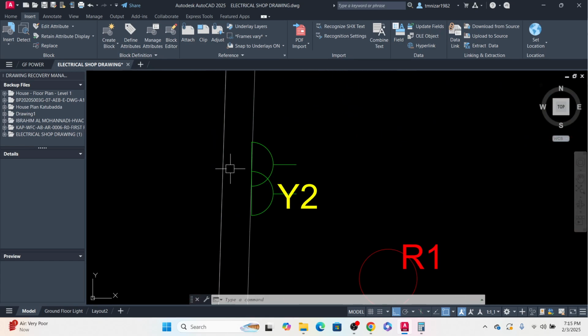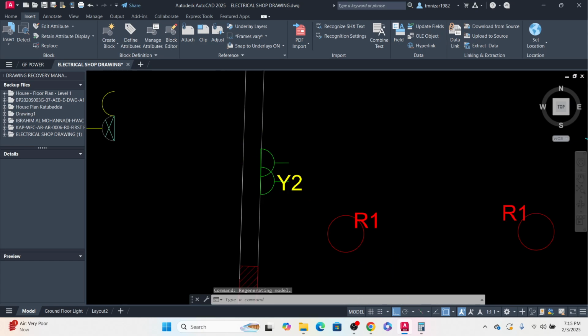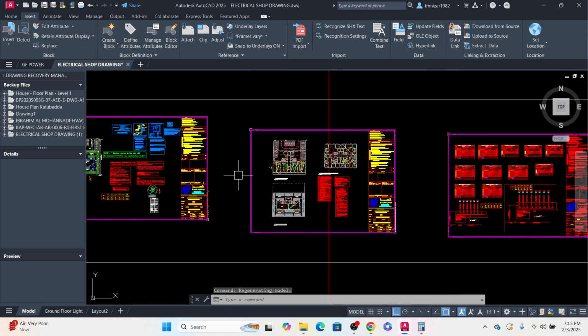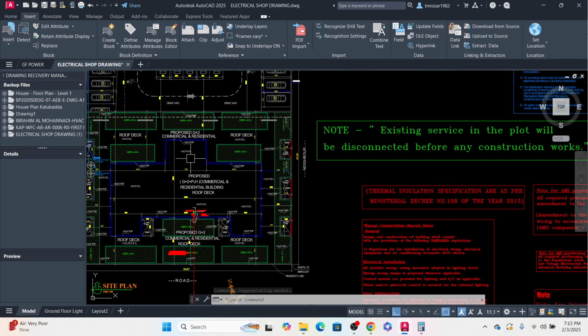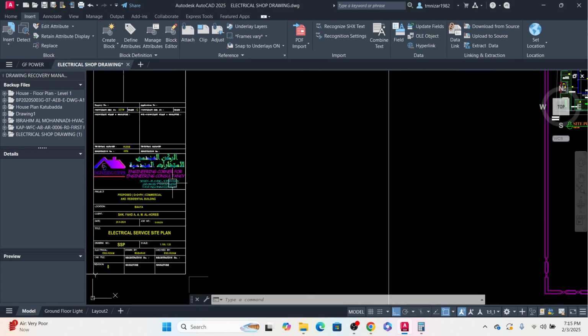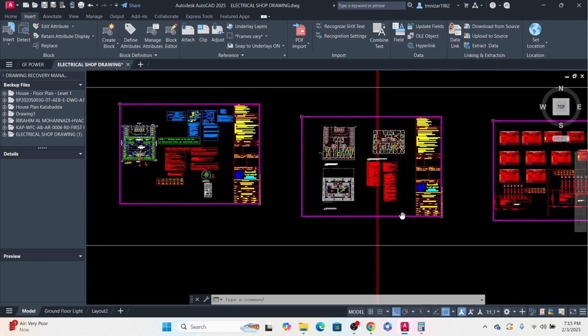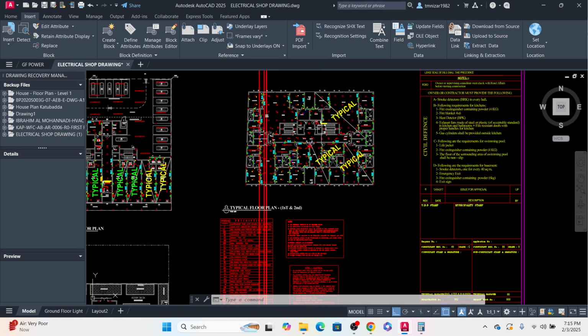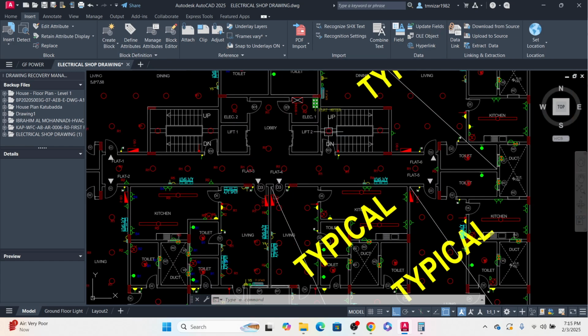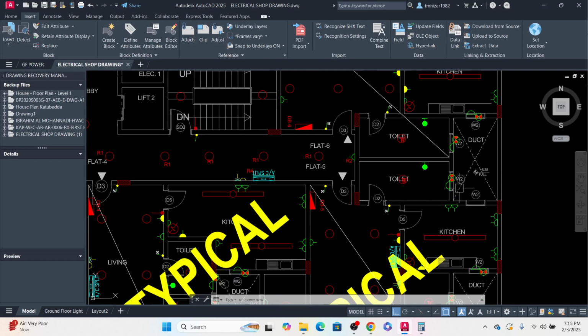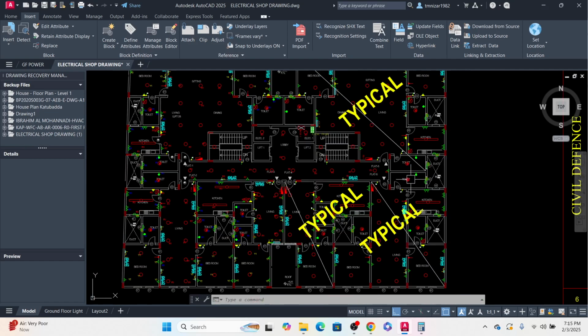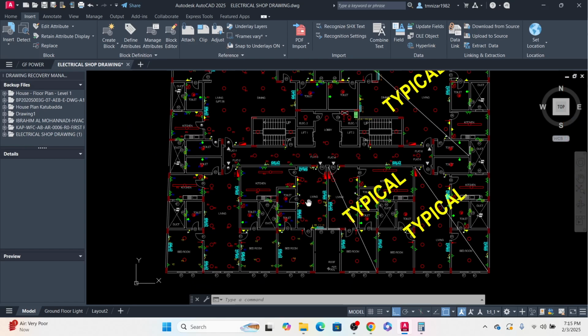Everybody knows this wall cannot be 700, 800, 900. So you can go with the wall thickness, or you can go with any certain furniture. I think I don't have any furniture. So from that you can understand your drawing is in which scale.